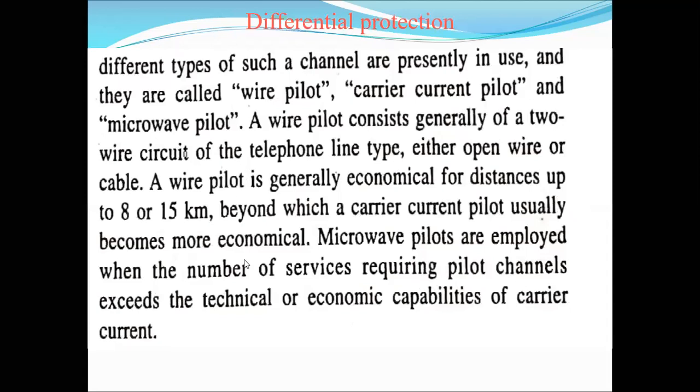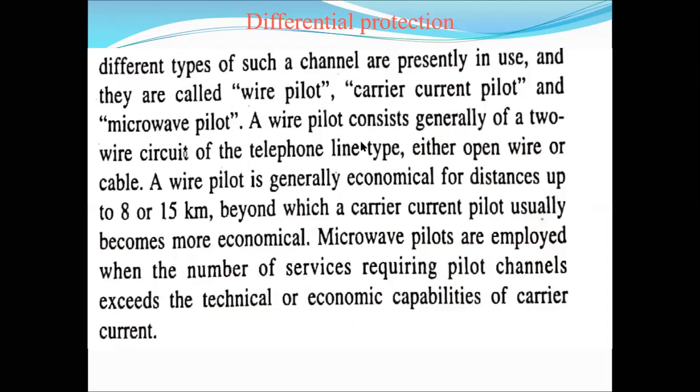Therefore, zero current flows through these relay coils or tripping coils. If zero current flows through the tripping coils, the tripping coil does not operate and does not give any indication to the circuit breaker. That is the main working principle of differential protection under normal operating condition.